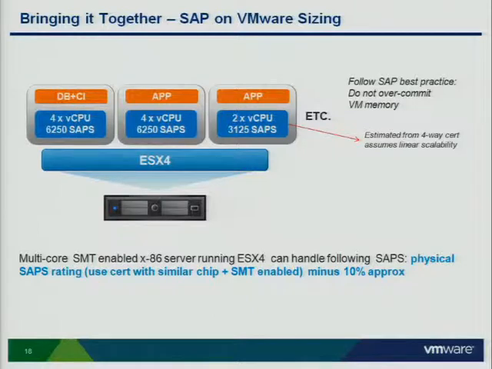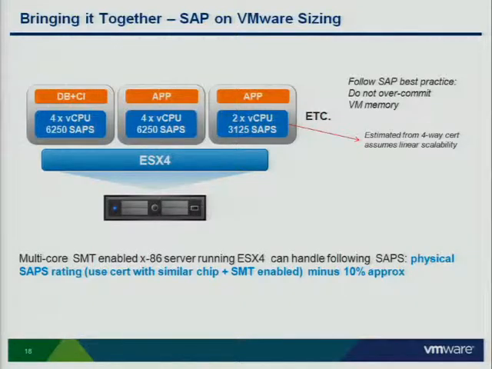Now, what's the corresponding SAPs rating if it's virtual? For sizing, rule of thumb, we just take off 10%. Todd showed that with 4.1 you've got a 5 to 7% overhead, but 10% is easier to divide by, so take off 10% as a rule of thumb. The virtual SAPs rating of the ESX server itself is going to be the physical rating minus 10%.